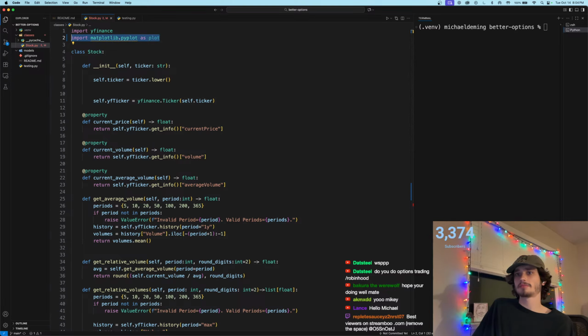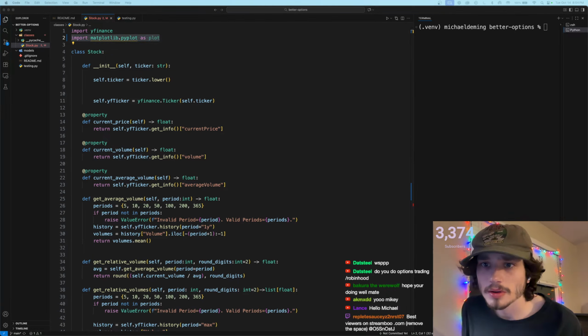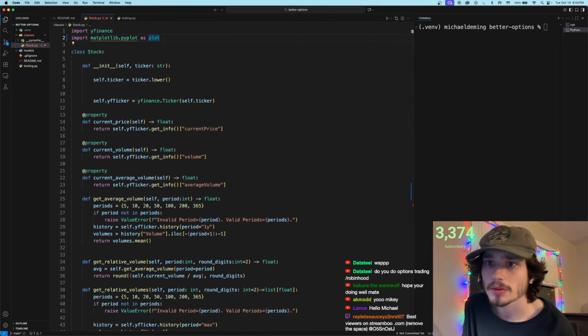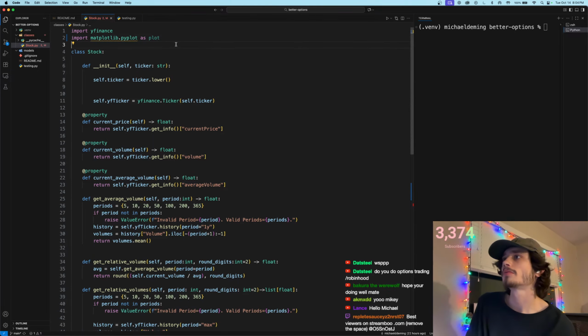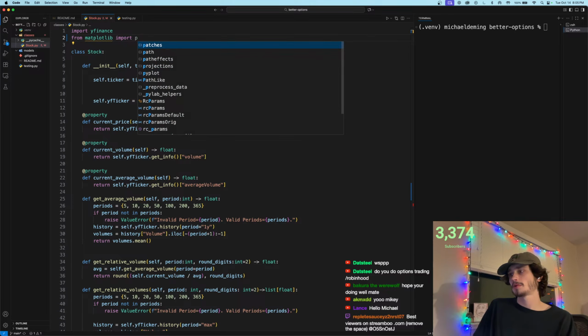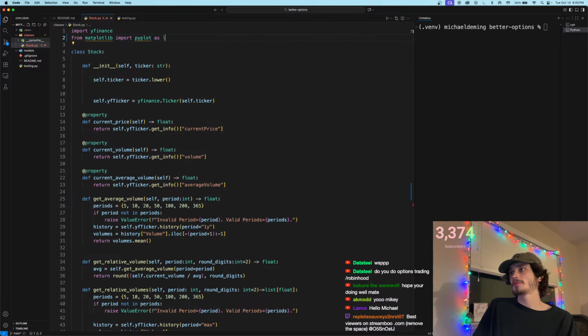I forgot. Oh, from matplotlib import pyplot as plot. It's the same thing.